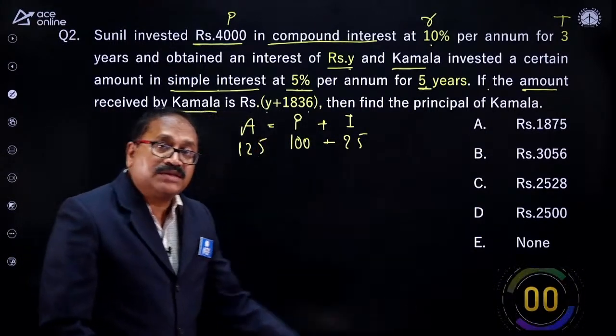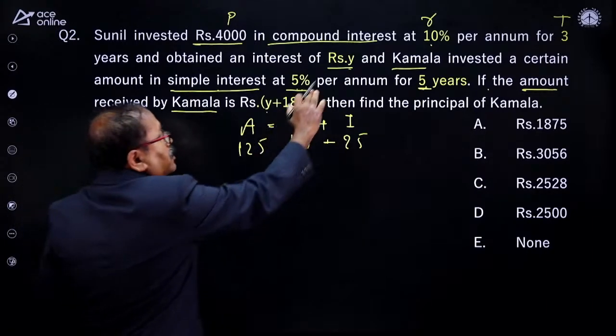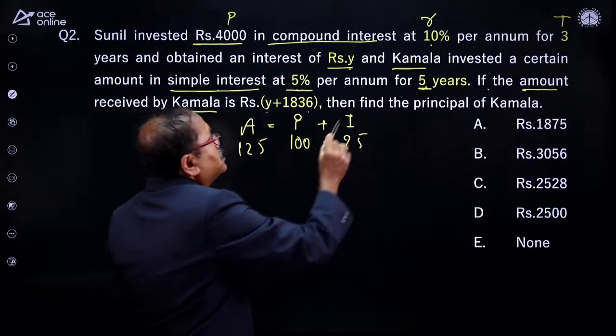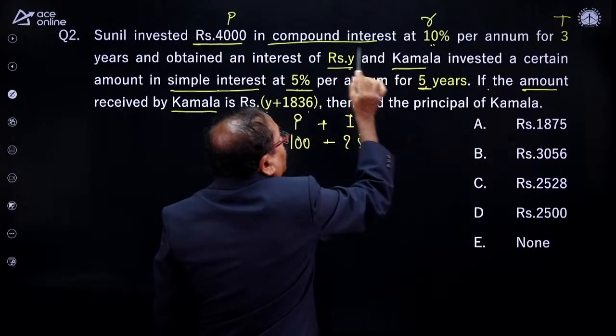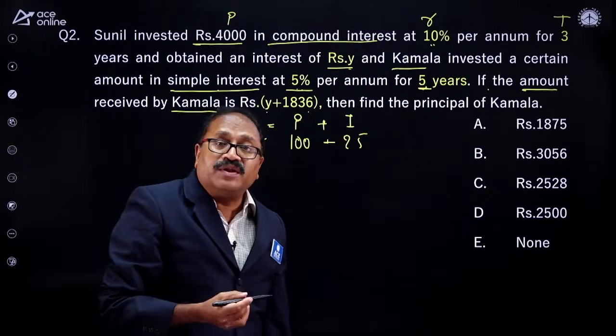Your time is up. Now I will answer the question. The very first thing, I will find out the Y value. The rate of interest is 10% and for 3 years in compound interest, it is 33.1%.